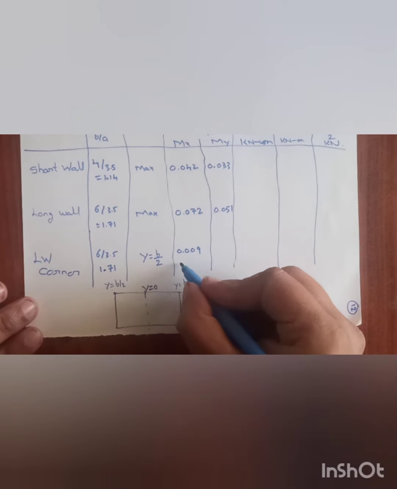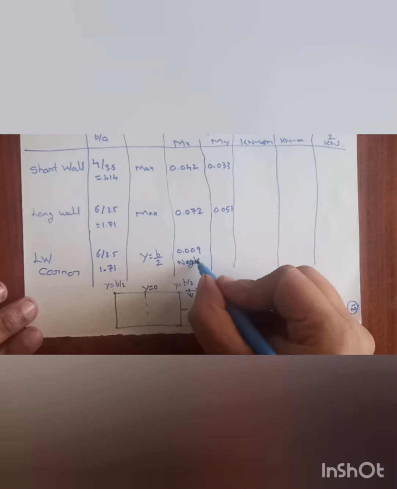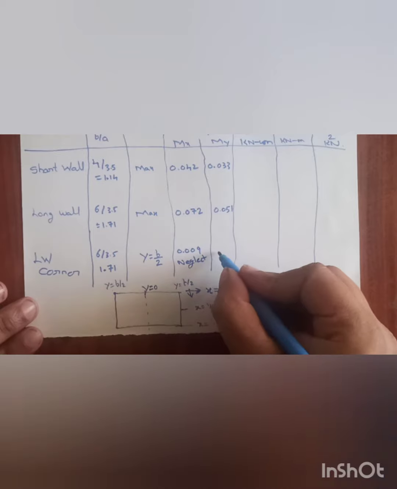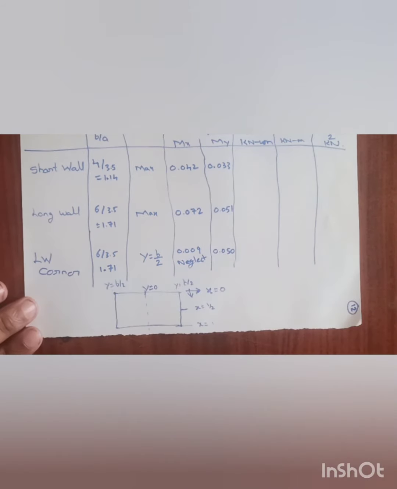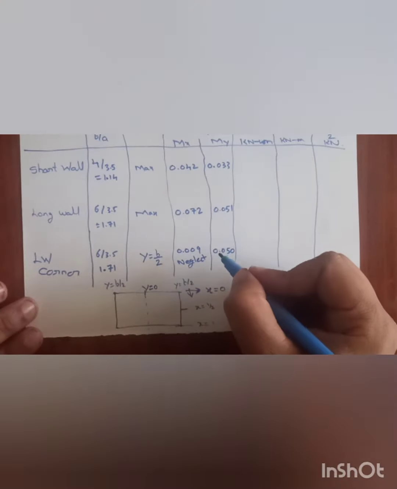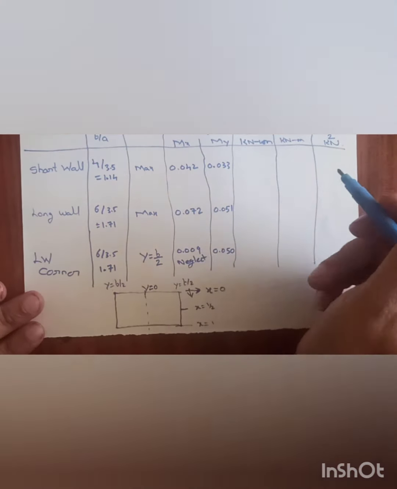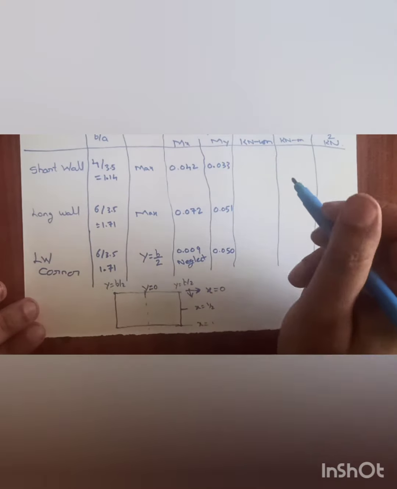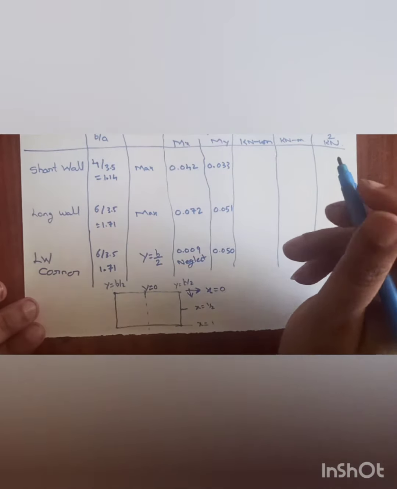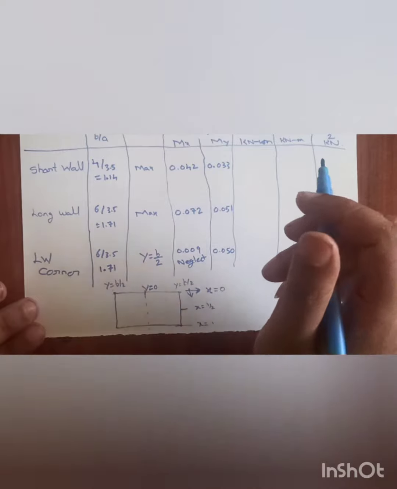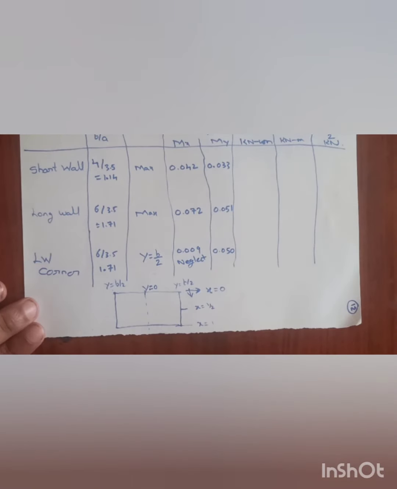It is very small, so let us just neglect it. Then for my it is 0.050. Once we get the moment coefficients, we just need to use the formula to find the horizontal moment and vertical moment. This is by using IS 3370. If you don't want to use IS 3370, again you have to go for the basics.